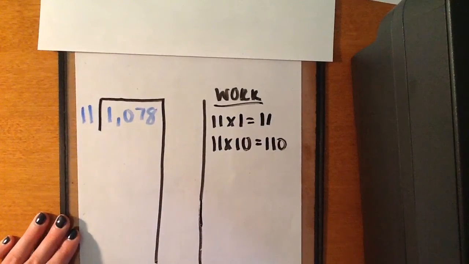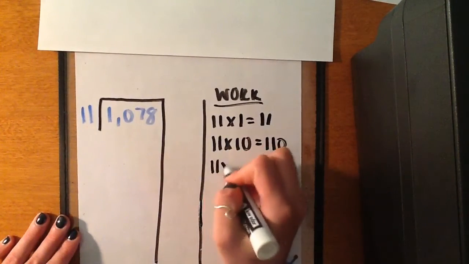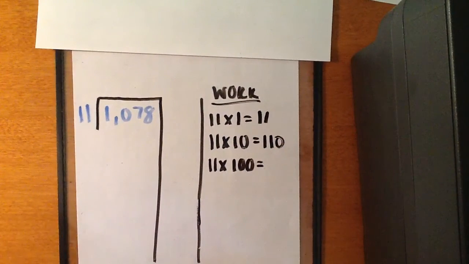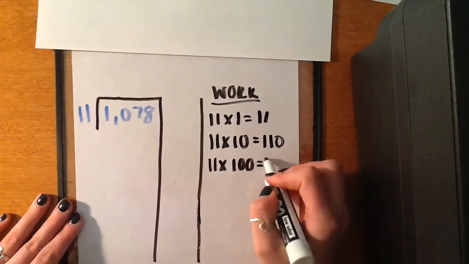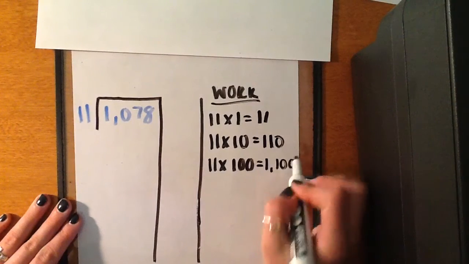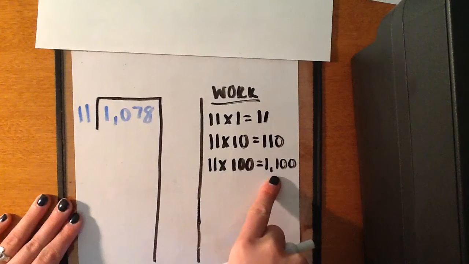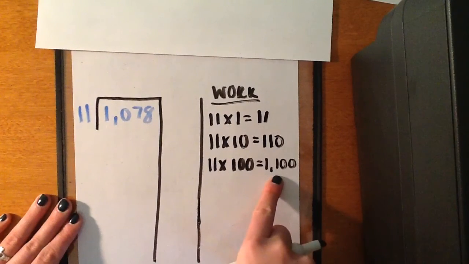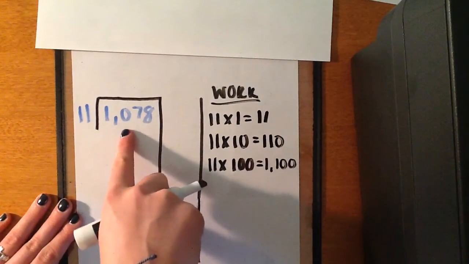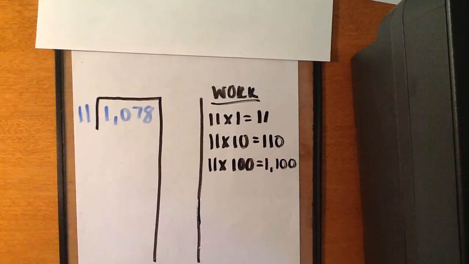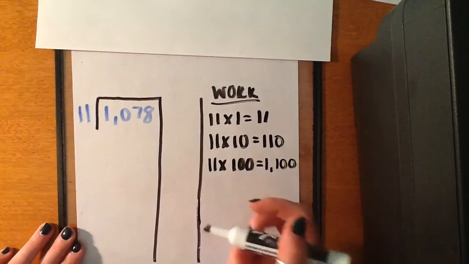But I still want to get closer. I'm really, really greedy. So what if I did 11 times 100? Well, I know that that's going to be 1,100. But I can't do that number because 1,100 is bigger than 1,078. So let me think. What if I half 100?